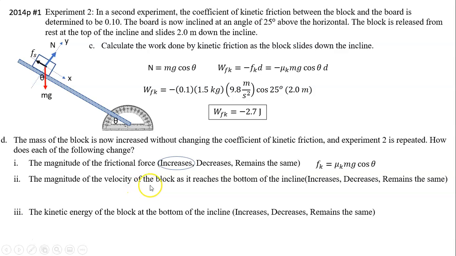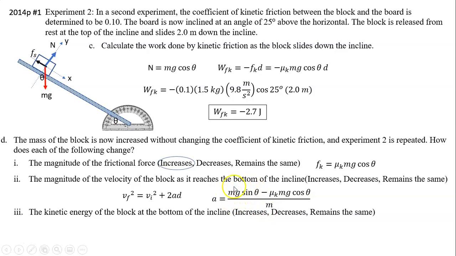Next one, how about velocity when it reaches the bottom of the incline? How do we find velocity? We know in this case, the net force should be constant. So we can apply this kinematic equation to find the velocity. We know initial velocity is 0. We know d is the same. So how does a change with mass? a equals net force over mass.